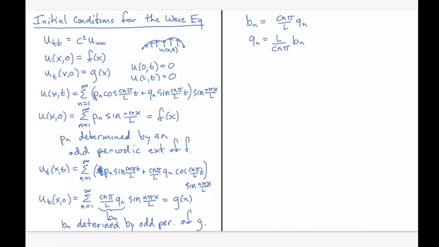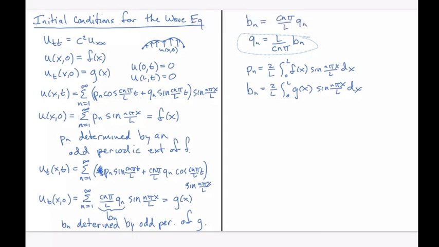So the Pn's will have some formula like 2 over L integral from 0 to L of f of x sine n pi x over L dx, and the Bn's will be the same thing, from 0 to L of g of x sine n pi x over L dx, and then we just copy that down here, and that's how we get Qn.